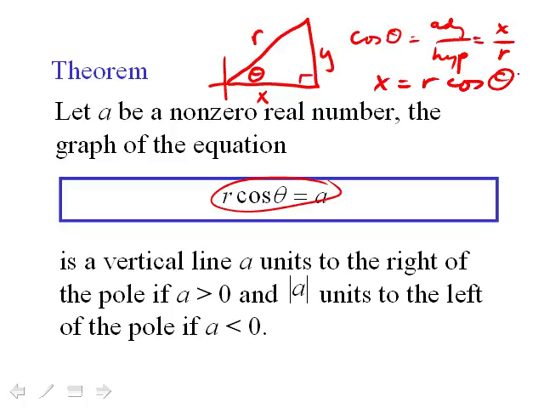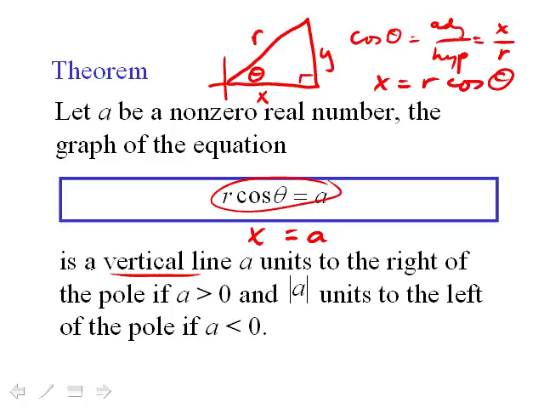Let's look at the particular polar equation, r cosine theta equals a. Well, that is just right for substituting what r cosine theta is as x. R cosine theta is x, and if x equals a, you know that is the equation for a vertical line.